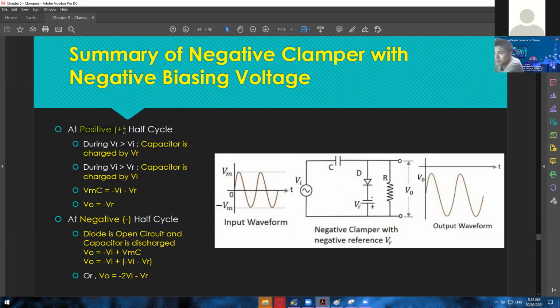During the positive half cycle, we have these two scenarios again. Since it is negative, our reference voltage is also in the form of a forward bias, since this negative is connected to negative. You can use either of my ways of how to get the value of VMC of your capacitance.